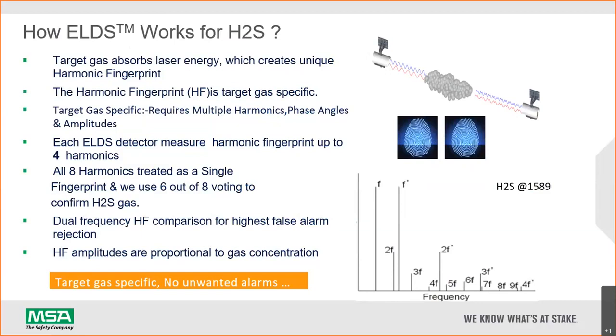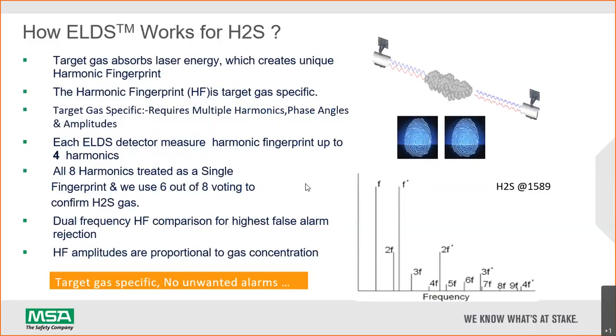And once we do the voting and we get 6 out of 8, we confirm that this is H2S. Unless this is matched, we don't report that there is an H2S gas leak. So we do so much voting, so much logic behind measuring H2S. And that is why if there is any 4 to 20 milliampere signal you get, that means there is an H2S gas leak.